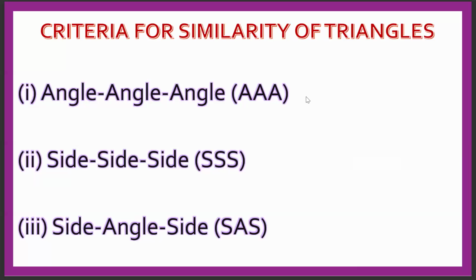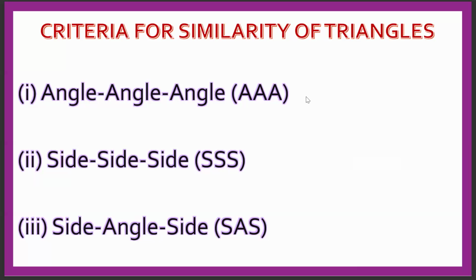Now, what are the criteria for the similarity of triangles? The first condition is that in the two triangles the corresponding angles are equal.